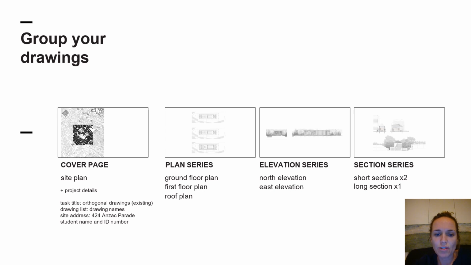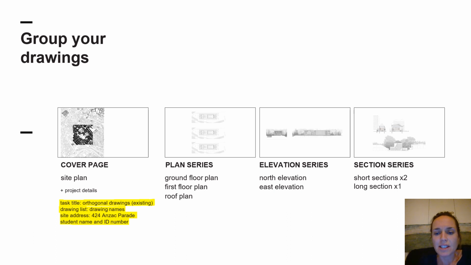That will run through the title of the task, so orthogonal drawings existing, the list of drawings as in site plan, ground floor plan, first floor plan, north elevation, east elevation, and generally you then put a page number that each drawing is on, the address of the site, and then your student name and ZID. So that's on the cover page, which is at the front of the pack of drawings.